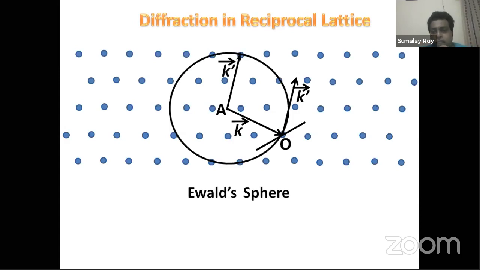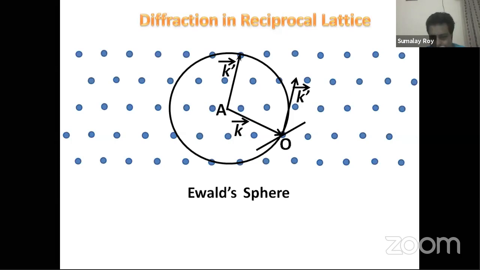Now what I did, I drew a sphere because k and k prime are the same in magnitude. The length of the vector is the same. So with this length of the vector, I have drawn a circle, and this is called an Ewald sphere. The diffraction only occurs for those reciprocal lattice points which fall on this sphere.